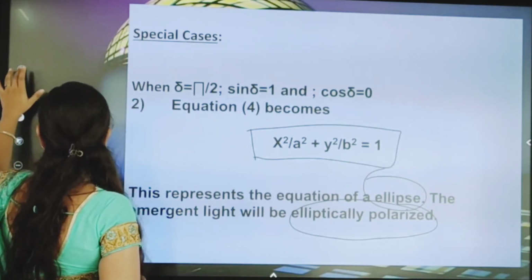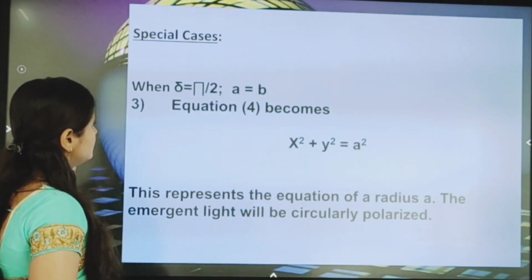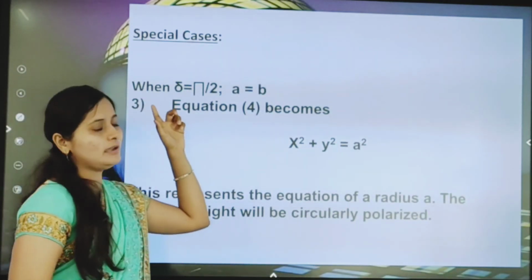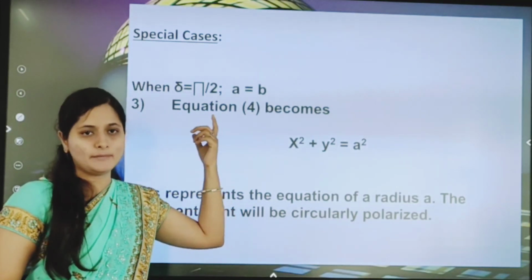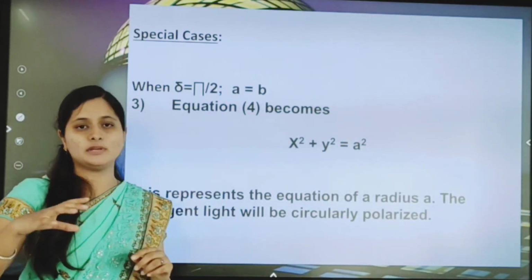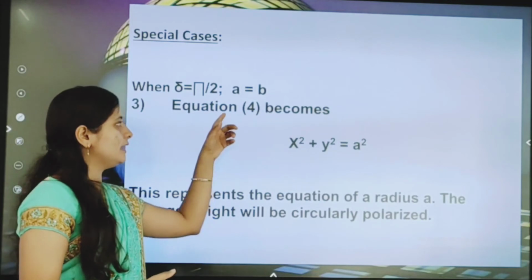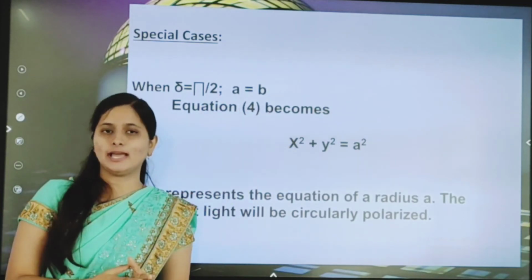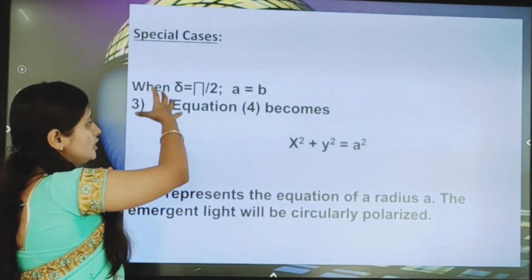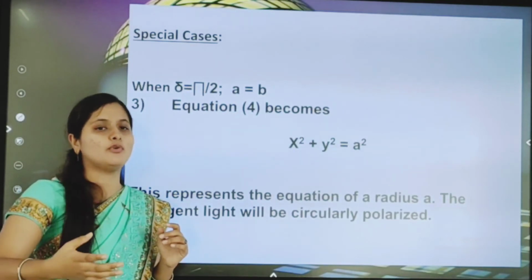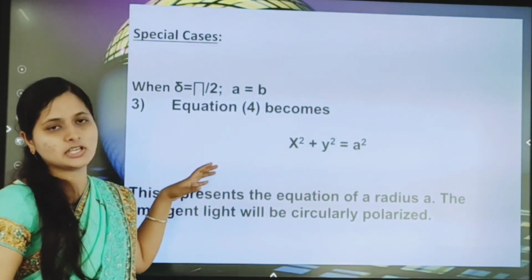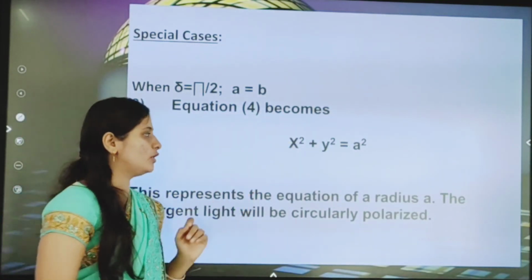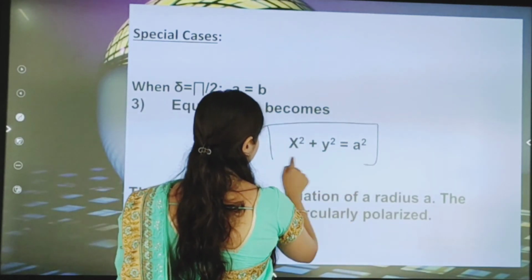So next we'll see the third case. When delta is equal to pi by 2, means delta is 90, and a is equal to b. For that condition, we are substituting these in equation number 4. We are getting the equation x square plus y square is equal to a square.